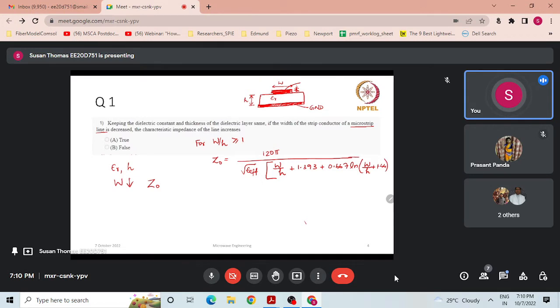So from this equation, it is very evident what parameters the characteristic impedance depends on.